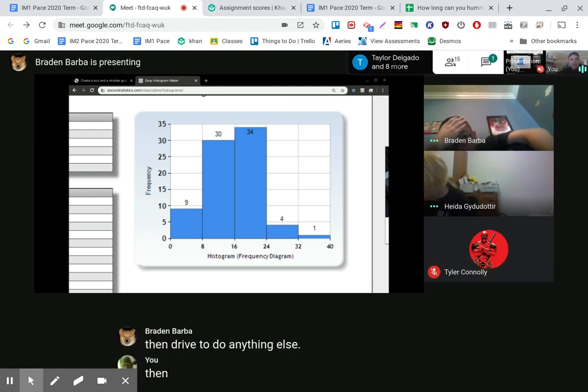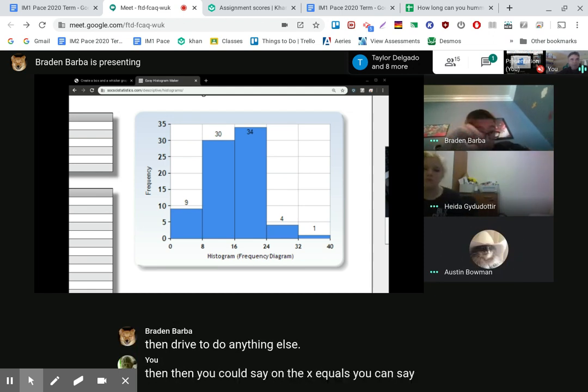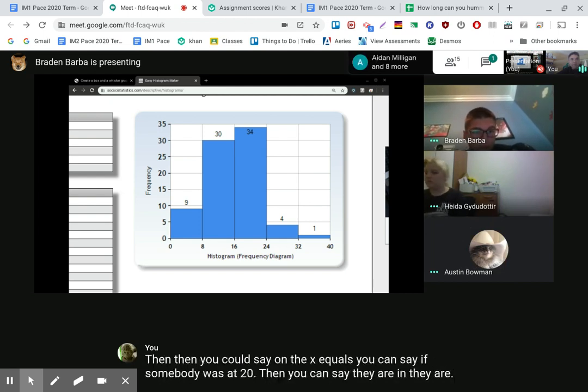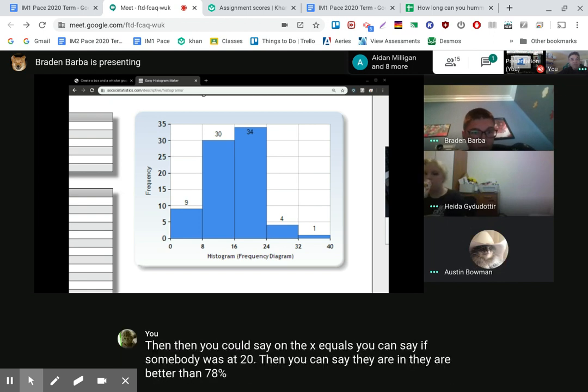Then on the x equals, you could say if somebody was at 20, they are better than 78% of the people, or 21% of the people.